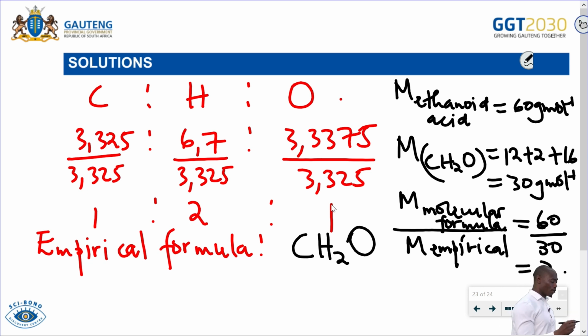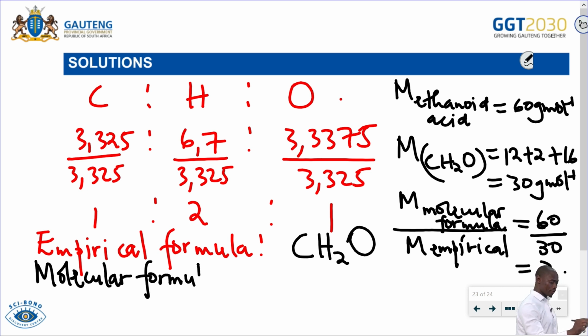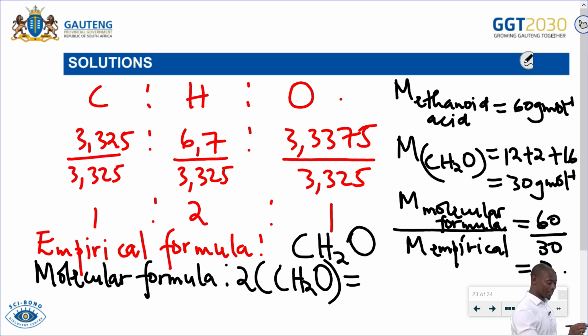So to get the molecular formula, it will be 2 multiplied by CH2O, which is C2H4O2.